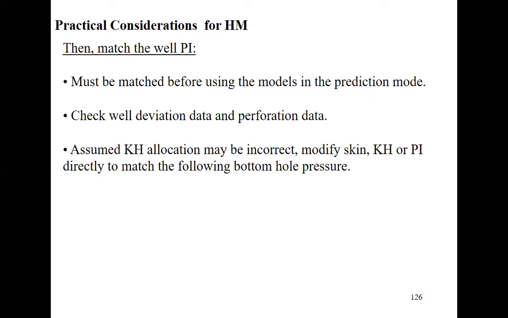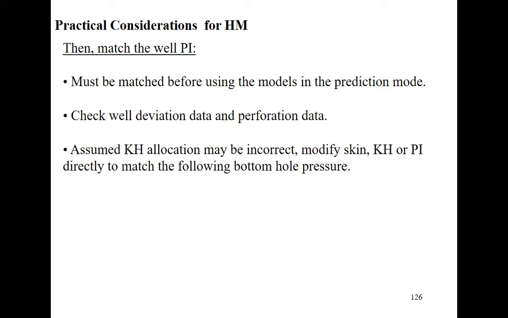If we have the PI, we have to set the value of the PI that we obtain from other sources. So if we have a well test, you do your PI correctly, and then you can set the value to match it.